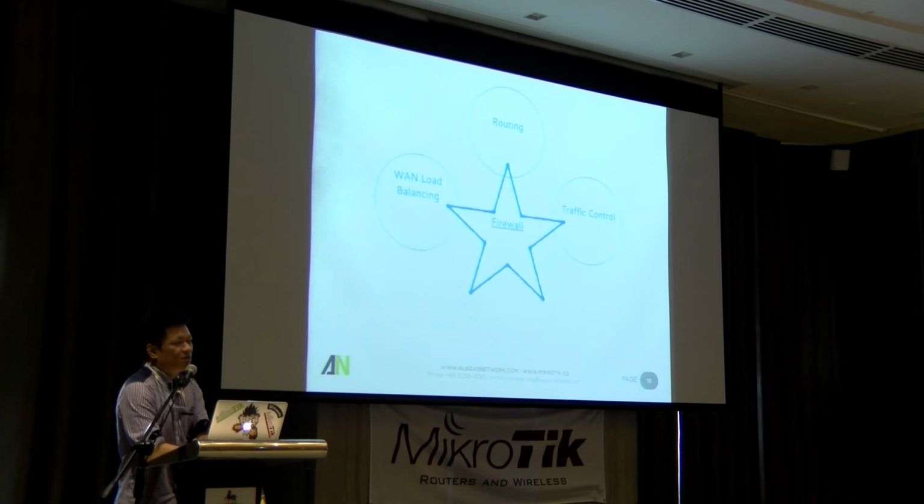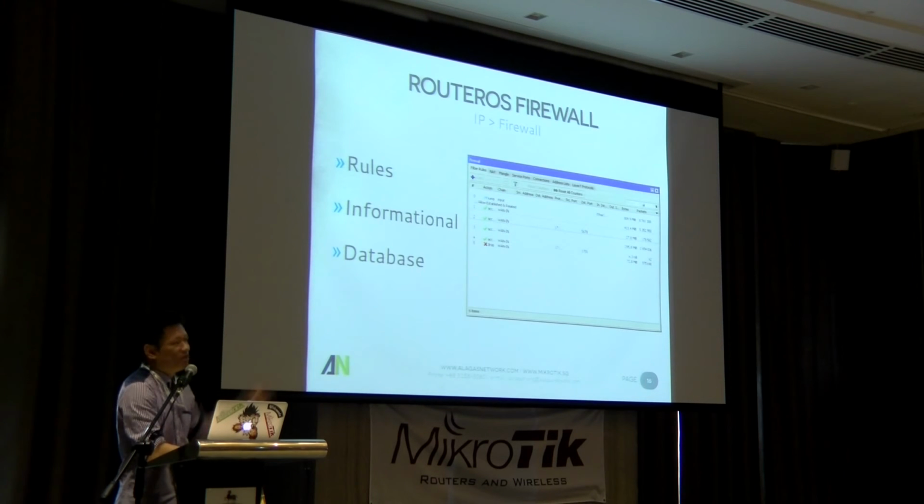In the RouterOS firewall, you can find the menu about this in Winbox or in WebFig under IP and firewall. At a glance, you can see everything the firewall can use. You can divide all the options or tables or whatever you call them under this IP firewall menu into three categories: rules, informational, and database.